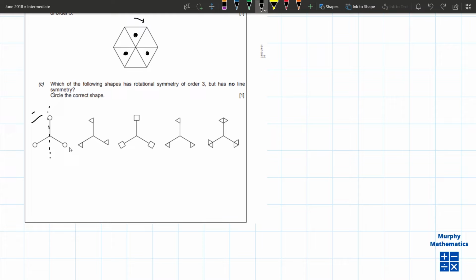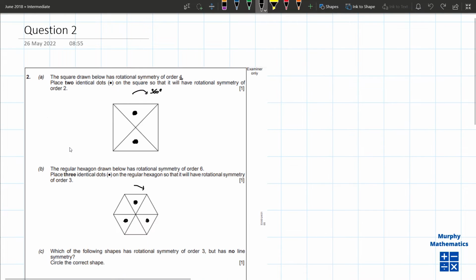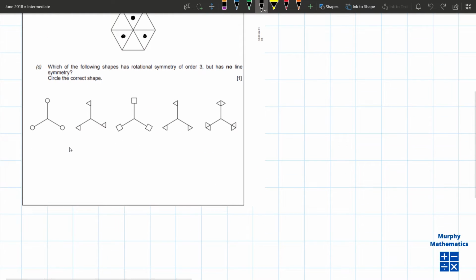Okay, so we've been asked which of the following shapes has rotational symmetry of order 3 but has no line of symmetry. So we want an object that we can rotate 3 times but has no line of symmetry, and I know that's going to be this one.